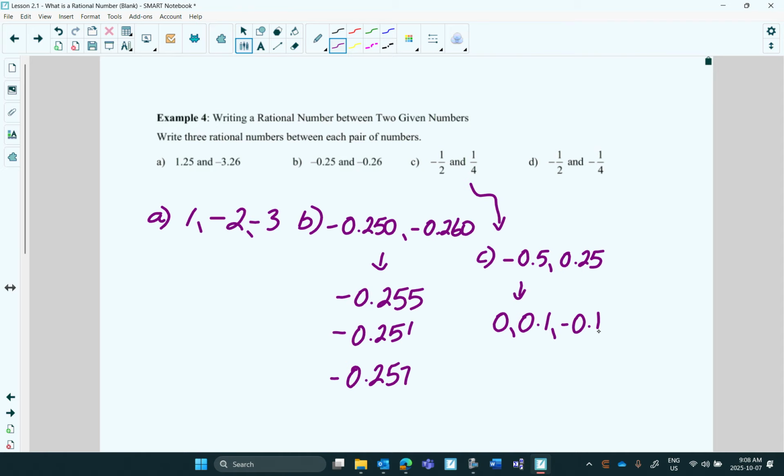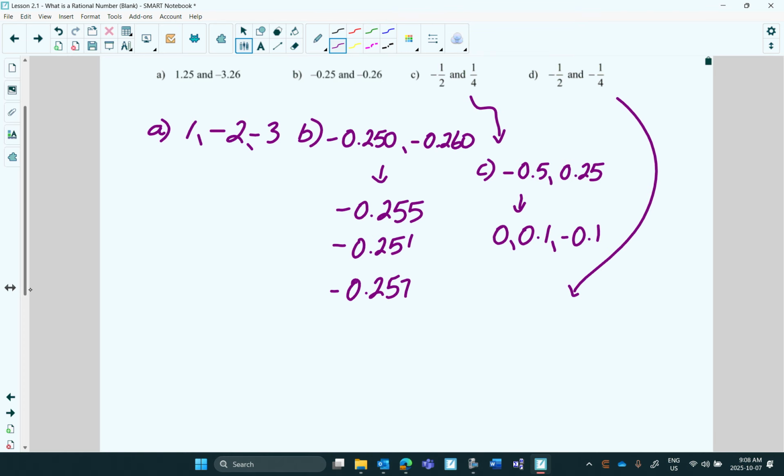And then finally, this one, I'll go here, so I'm leaving enough space. Well, let's go to decimal again. But this time, the two decimals would be negative 0.5 and negative 0.25. Maybe put an extra 0 on the negative 0.5 so they have the same number of decimal places.